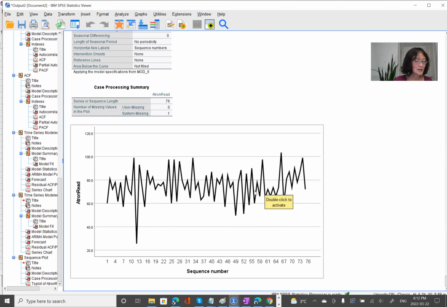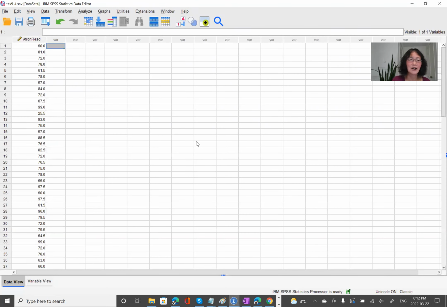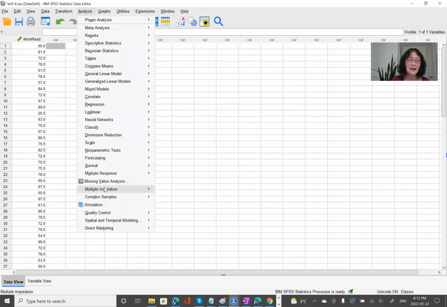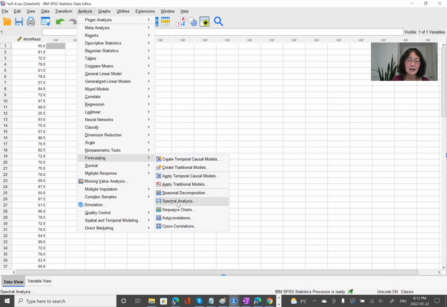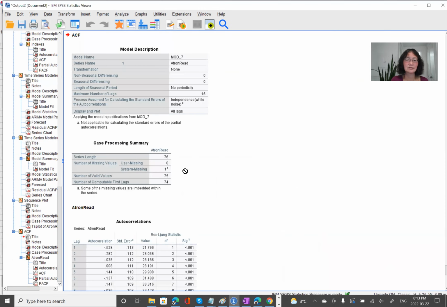Okay. So as you can see, this data is pretty stable. It is a stationary data. It is not trending up or trending down. That's the reason we do not do difference for this data. Okay, no difference. Next, let's explore autocorrelation. Again, I'm going to go fast. Analyze, forecasting, and then autocorrelation. So move this into variable. We need autocorrelation. We need partial autocorrelation.